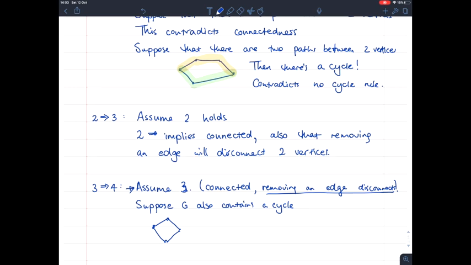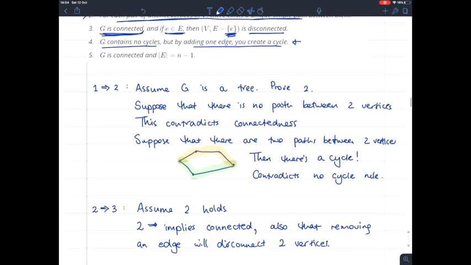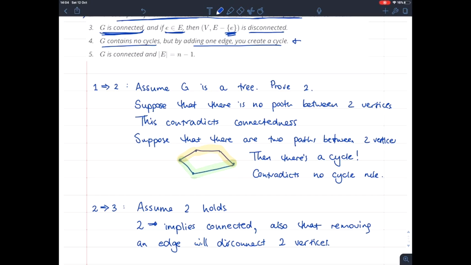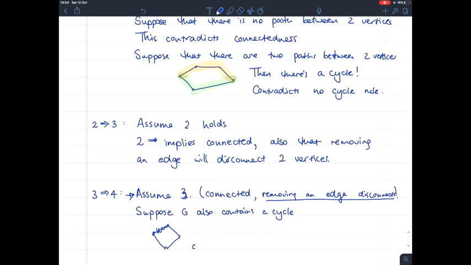But notice, as soon as you have a cycle, removing any edge does not cause the graph to be disconnected, because if you have a cycle, you have at least two ways to get from one vertex to the other. So any edge that you remove just means you have to take the other path. So this is a contradiction.